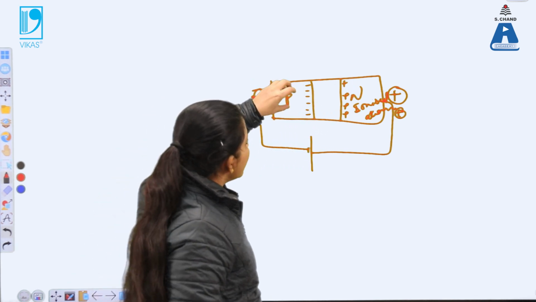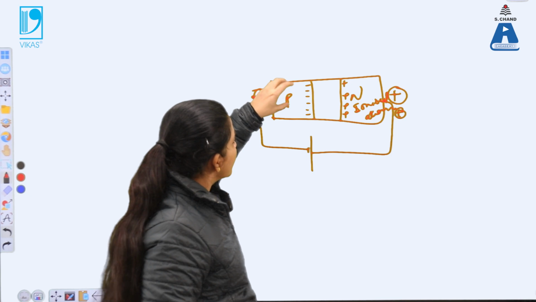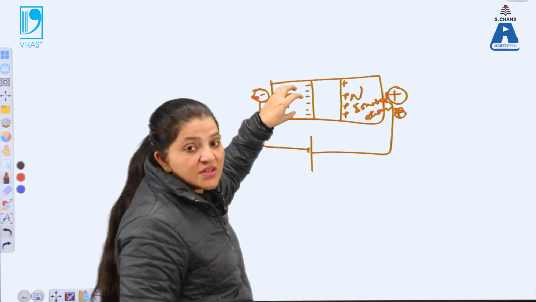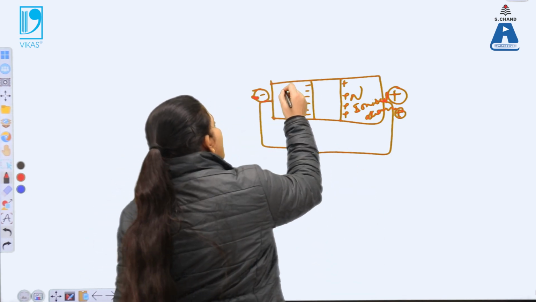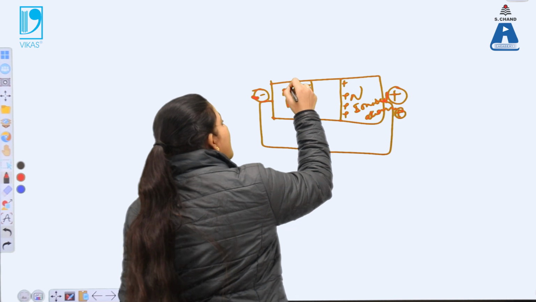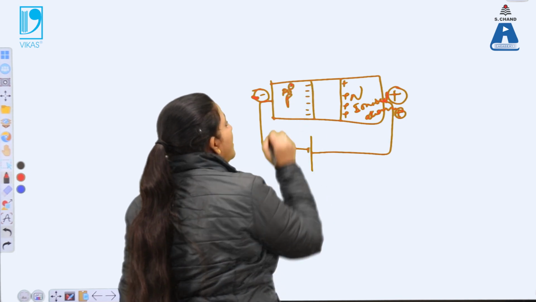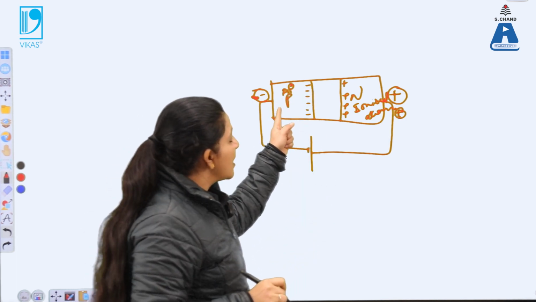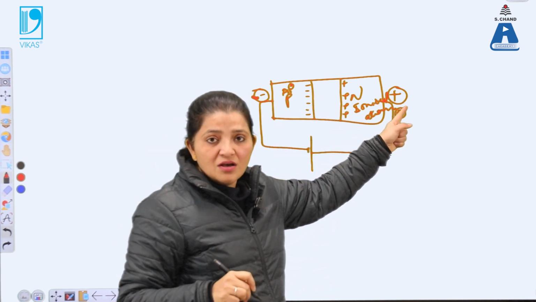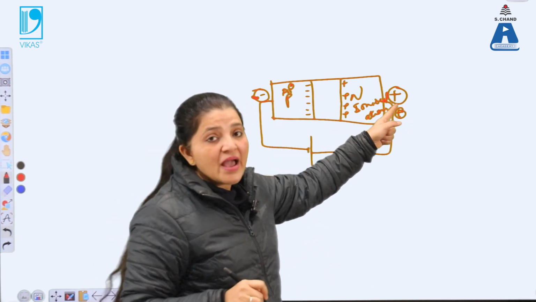Also, the ionized acceptor atoms are present over here. These acceptor atoms will start moving towards the positive charge, that means towards the n side.